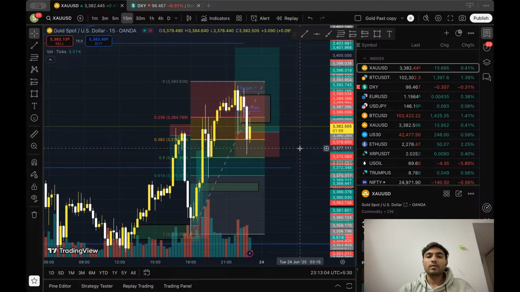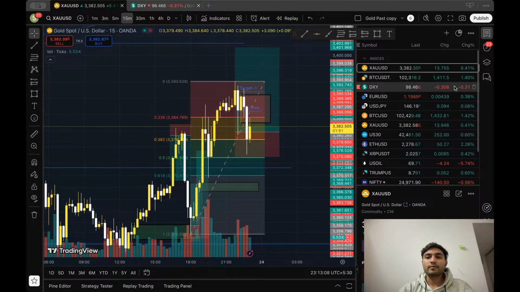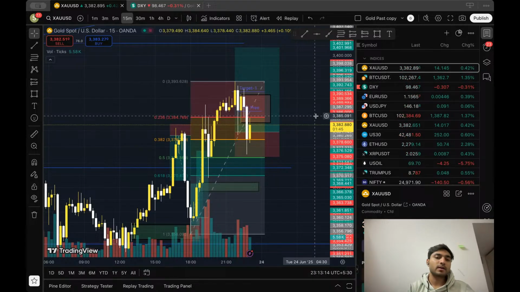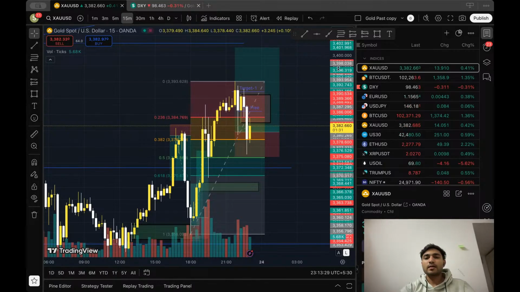Whenever DXY decreases by 0.3%, gold is up 0.9. It's almost three times. It's a historical trend I've observed. On that basis, and gold seeming very bullish, I took this trade, but the price action is currently saying to get out.